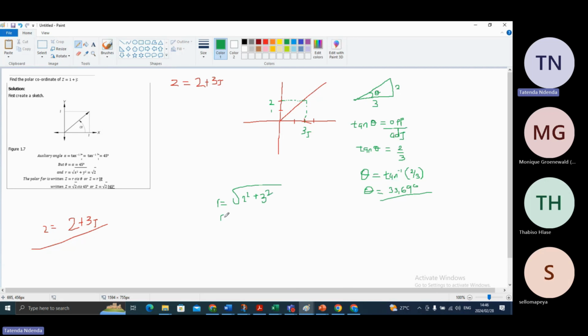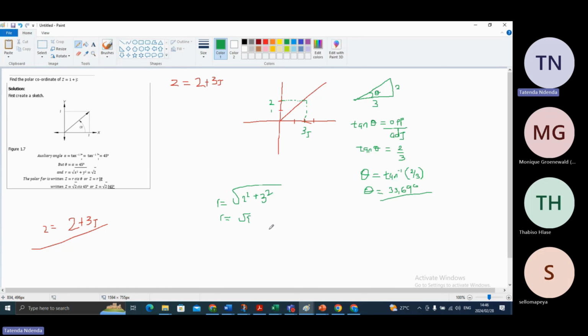So R is equal to 2 squared plus 3 squared, which is 9. So it's the root of 9.